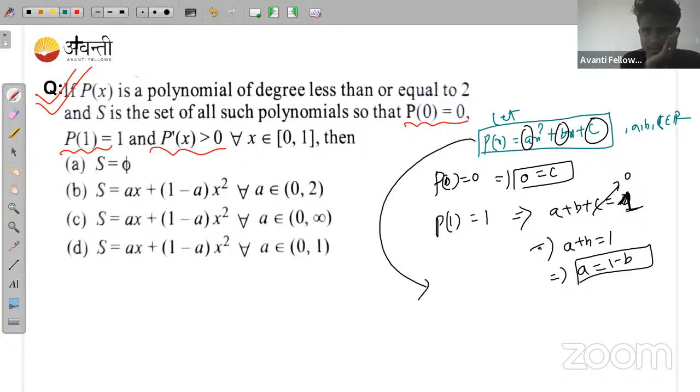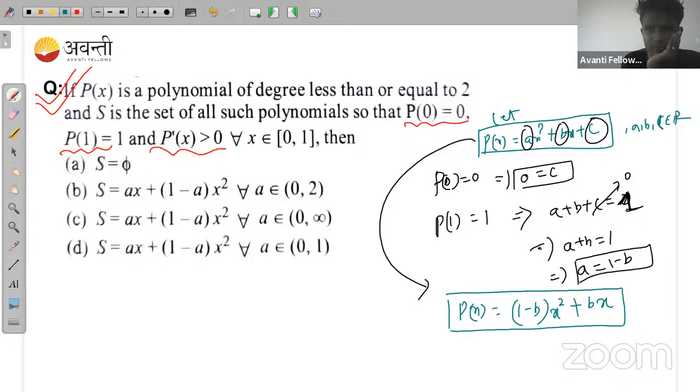Whatever data we are given, in place of a I can write 1 minus b, so x square plus bx will come, but c is 0 so we don't have to write it, so this much only. Okay, this is your polynomial p of x, the polynomial having degree less than or equal to 2 and satisfying p of 0 is equal to 0 and p of 1 is equal to 1.